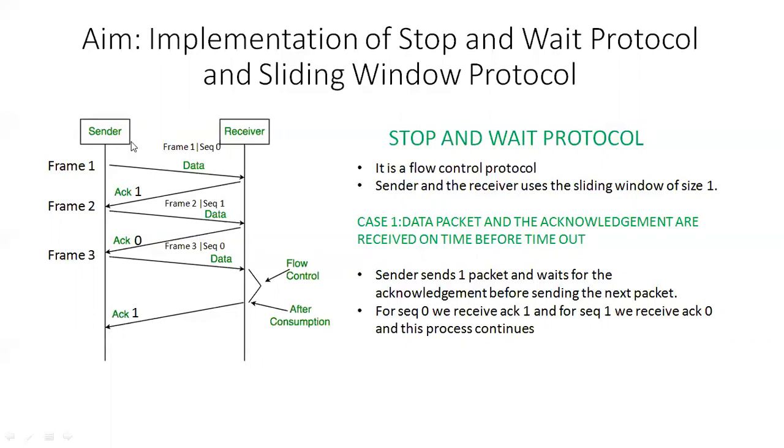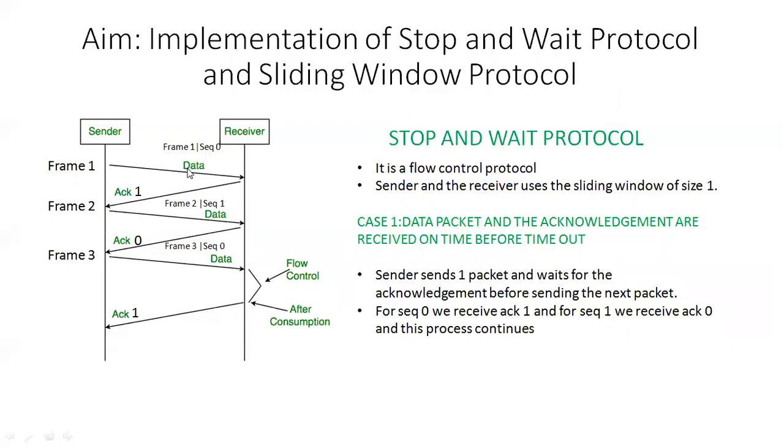Now to explain Stop and Wait Protocol, consider a sender and a receiver. If you have 3 frames to be sent to the receiver, the first frame will be sent with the sequence number 0.